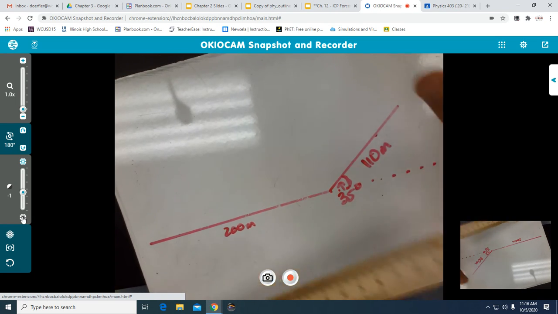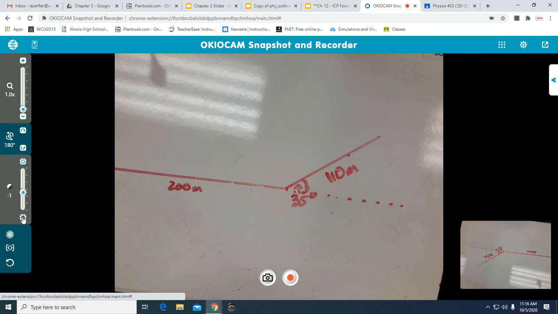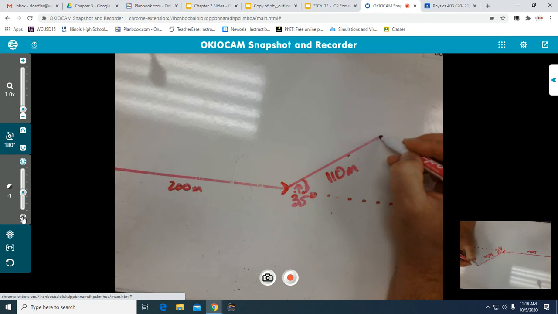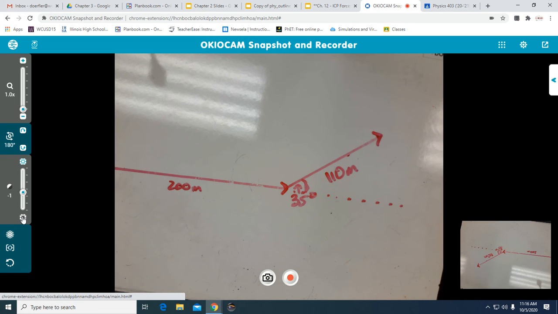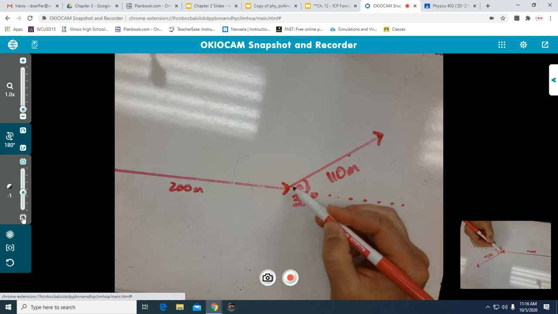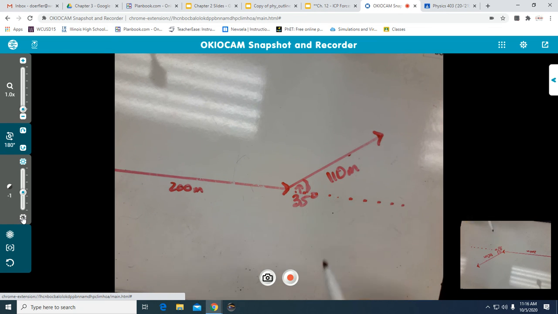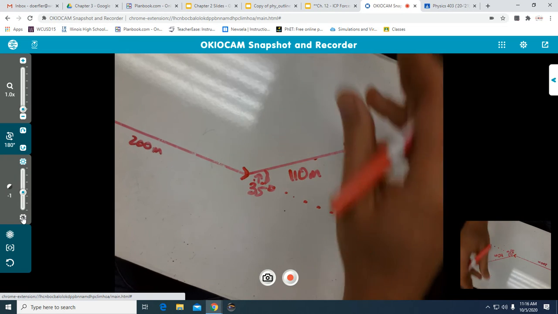Now, when I was doing this, you have to draw arrows to indicate vectors, okay? So again, my first vector meets up with my second vector. The tail of my second vector touches the tip of the arrowhead on the first vector, okay?